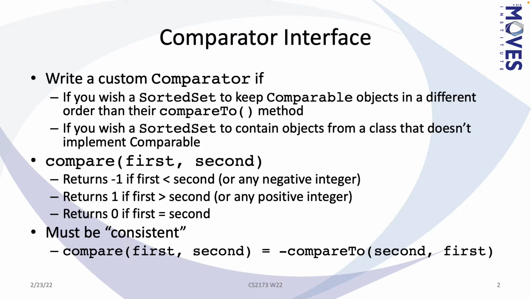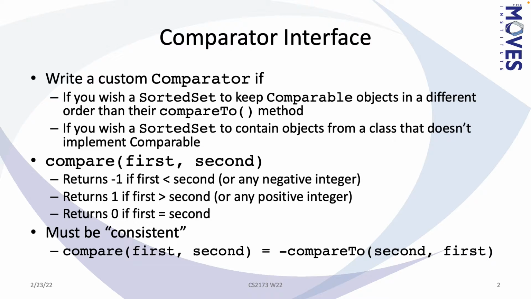With sorted sets, there's an additional comparison that needs to be made. That's because whenever you're sorting anything, you need to decide if I have two things, which one is bigger than the other, or are they equal?